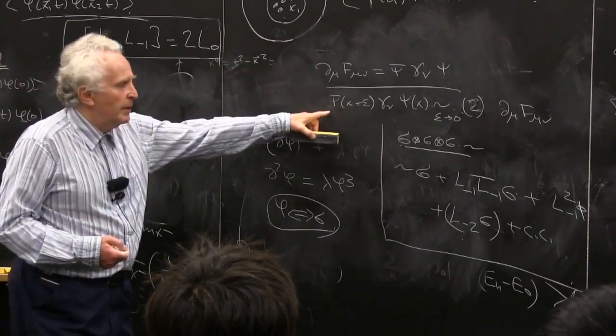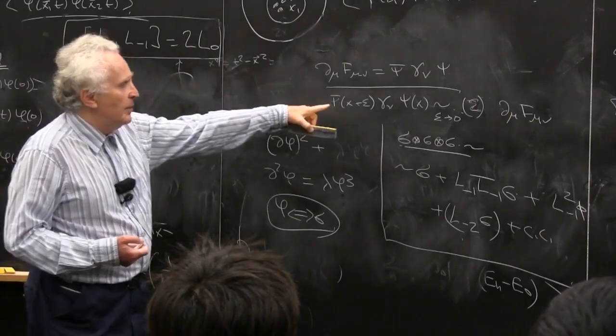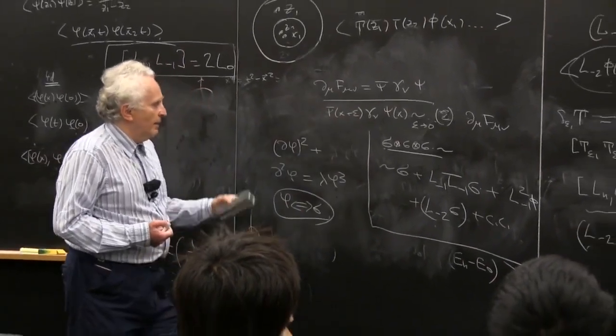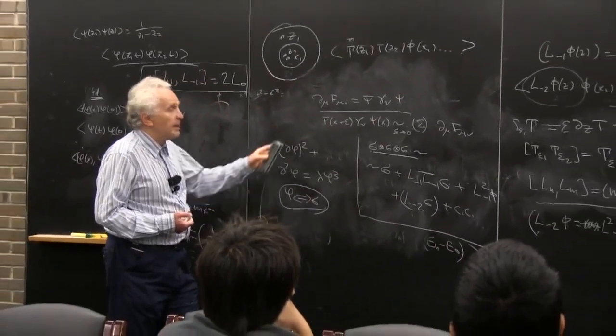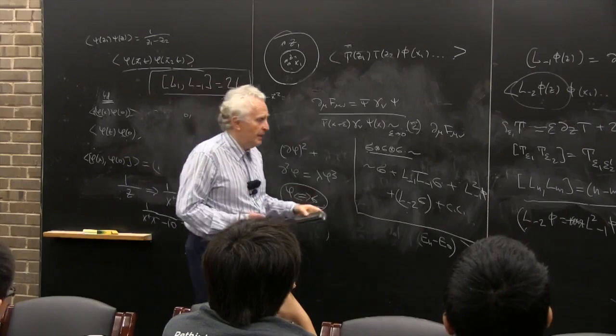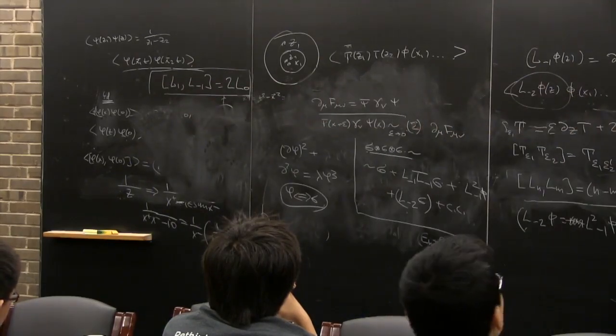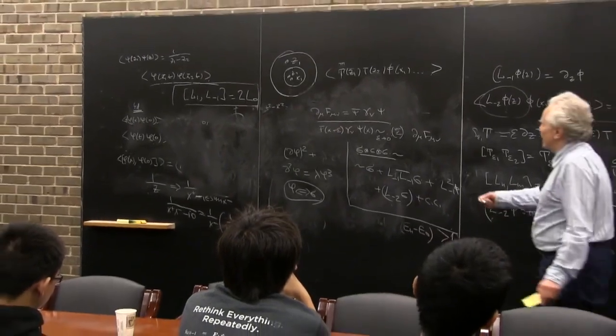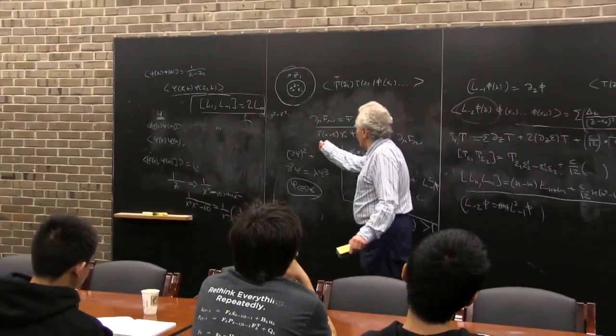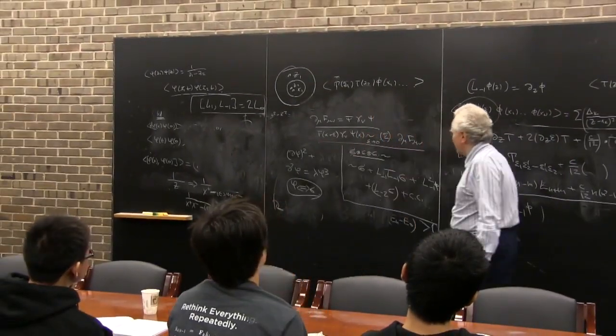And you should perceive those equations of motion as operator product expansion. The equations of motion by themselves do not exist. They are just the consequence of the operator product expansion.